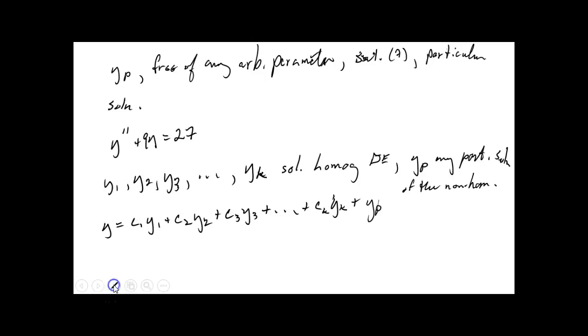So let's do theorem 4.1.6. Can I erase this? It almost says what we just were saying, but makes it a theorem. It says let y sub p be any particular solution. Now remember, there could be many particular solutions. Pick one. It doesn't matter.